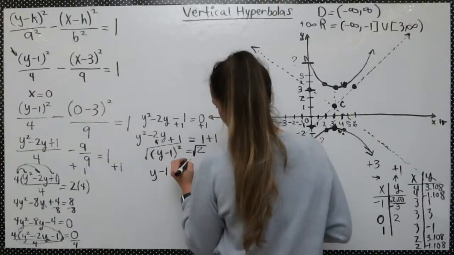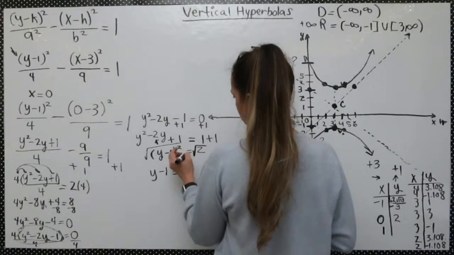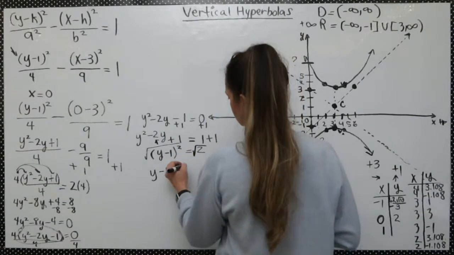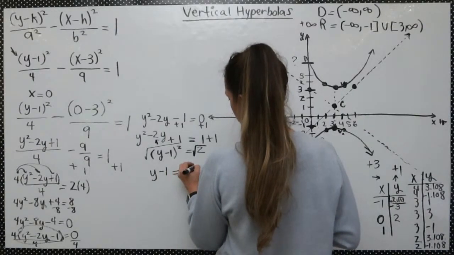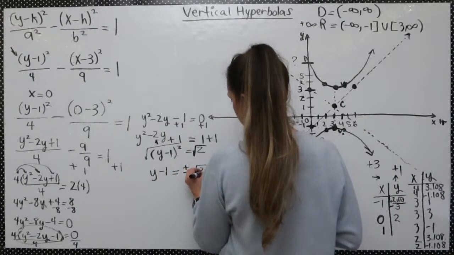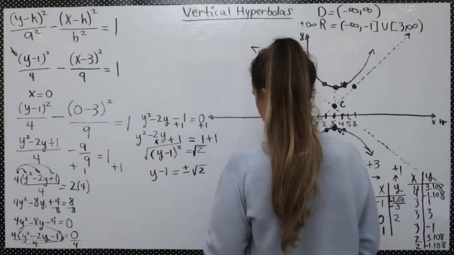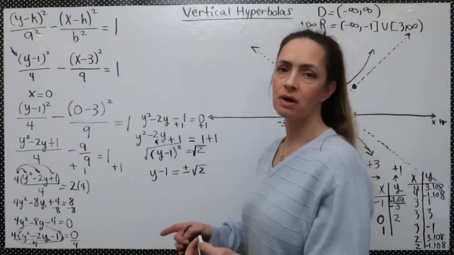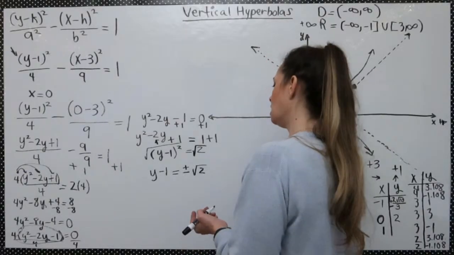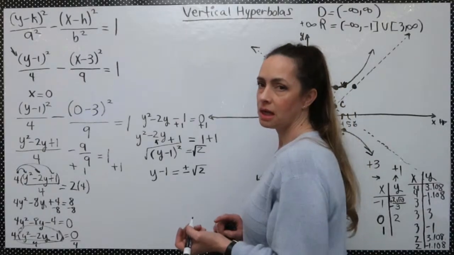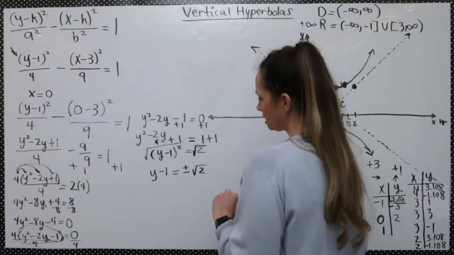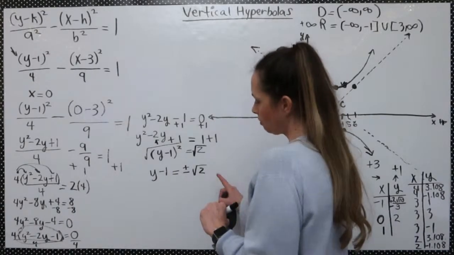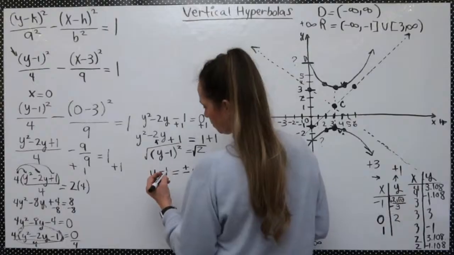And the tricky part is that one of these square roots has got to get negated, because when you take the square root of a number, because of the shape of the graph of the square root function, you're going to get a positive and a negative value. All right, so we're almost done solving for y.